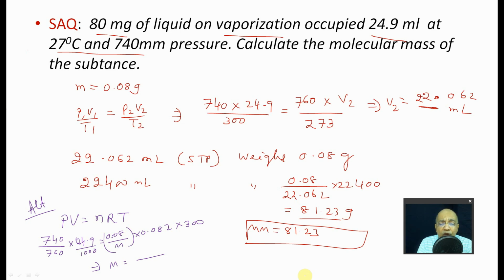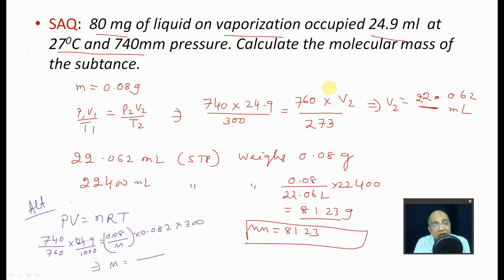It will come close to 81.23, maybe with slight variation, because if you change the method, then the answer is slightly changed because of the different approximation level that you are making. You are using an R value which has only 2 significant digits, and maybe earlier you have taken more significant digits.